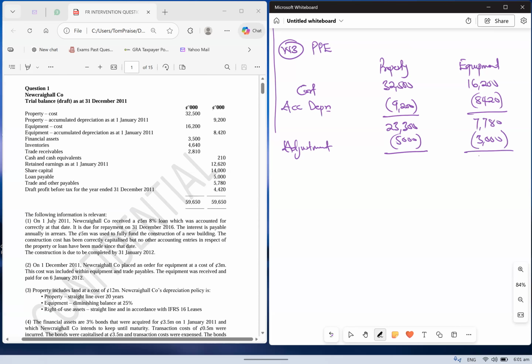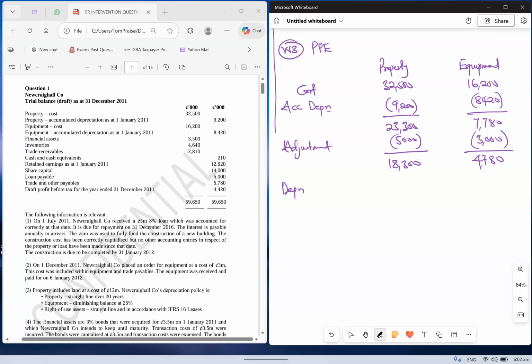So this is 4780. And what would this one be? Whatever it is, you will still not include the land. 23,300 minus 5,000, 18,300. But you know there is land of 12,000 there. So depreciation will be minus 12,000.